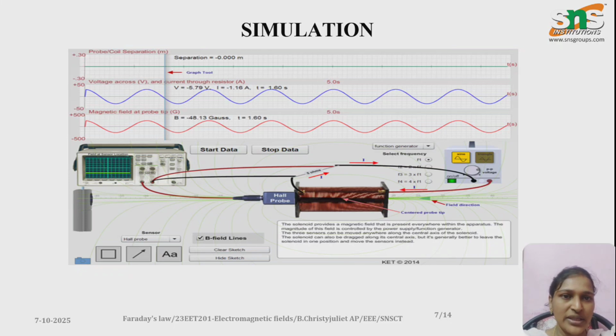When you move it, you can observe the voltage. When you move it to and fro, when the rate of change of flux is maximum, the wave also reaches its maximum, and when it is moved far away, the EMF drops. Thereby you get a sine wave, which is being simulated.